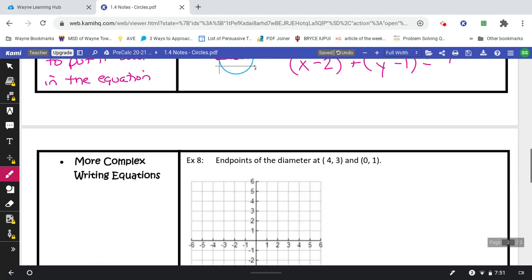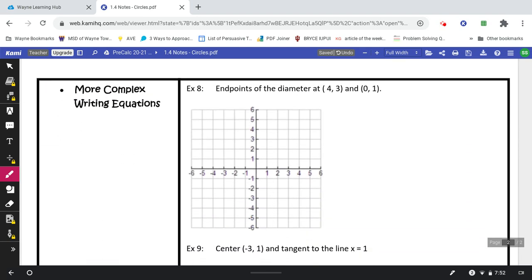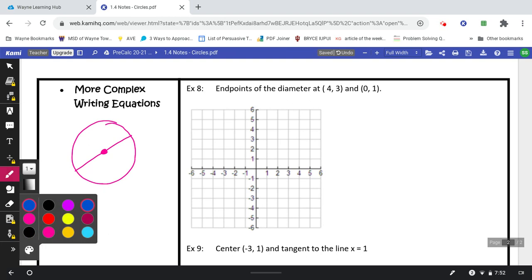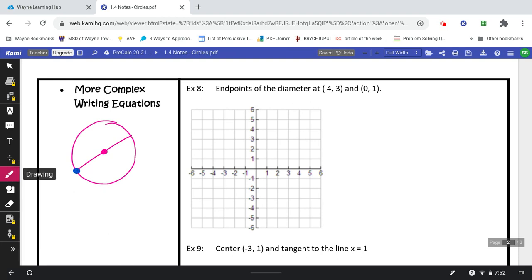On the back side, we've got some more complex writing equations. On problem number 8, they're giving us the endpoints of the diameter. So we know a diameter is when it goes all the way through the center of the circle from one side to the other. And they're going to give us the endpoints. So imagine it like they're giving us that point and that point.